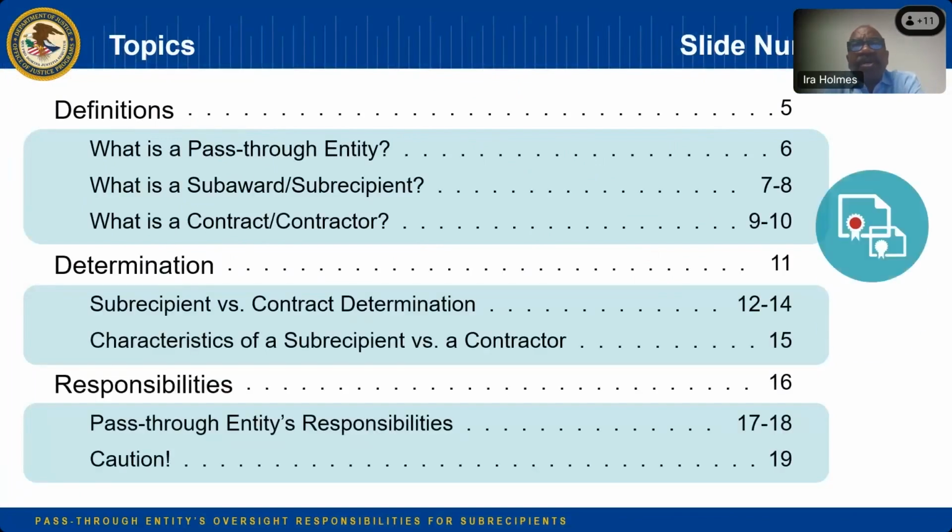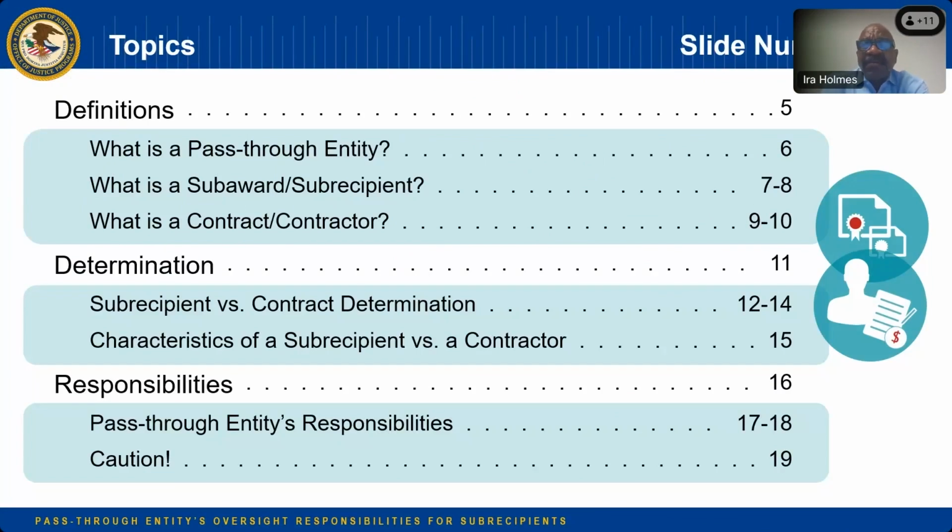To start off, I'm going to go over a few definitions. What is a pass-through entity? I'm going to talk about a subaward and a subrecipient, a contractor versus a contract. Then I'm going to do a determination. I'll help you determine what a subrecipient is versus a contractor.